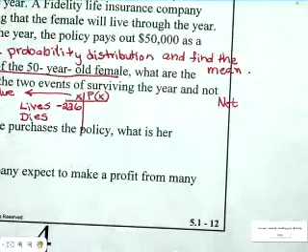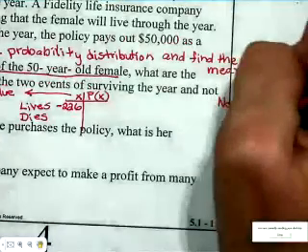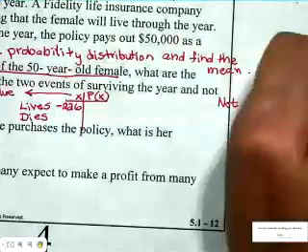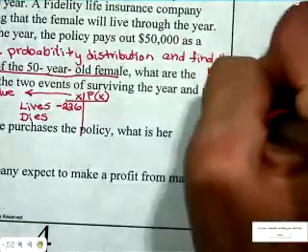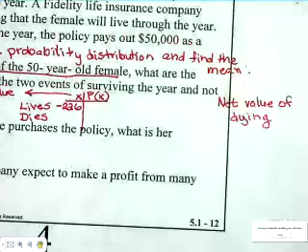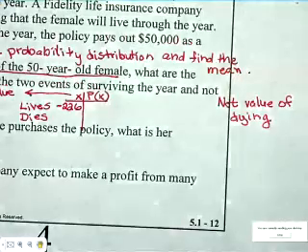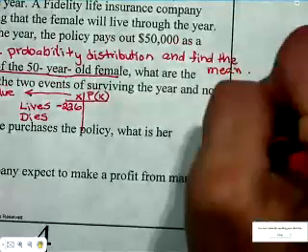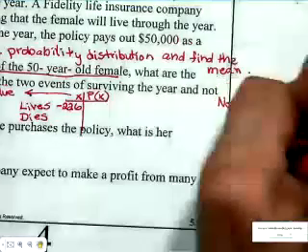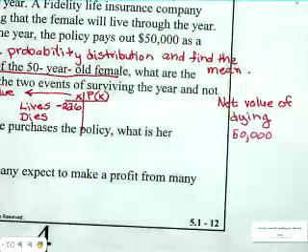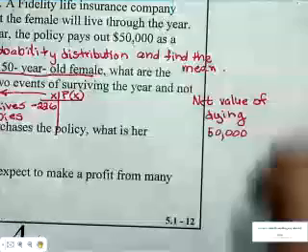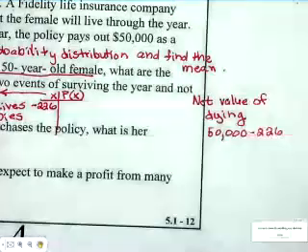Net value of dying. I hate to call it that, but that's what it is. Yes, the estate gets $50,000, but $226 was already taken out of the estate.